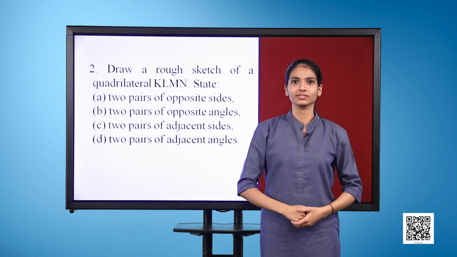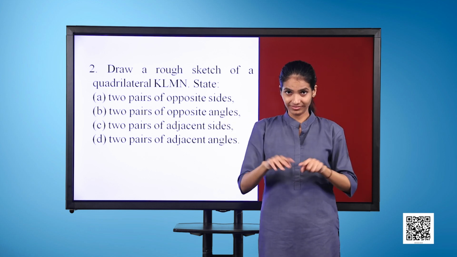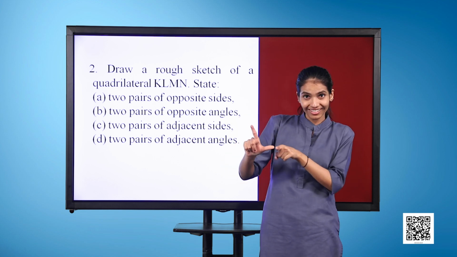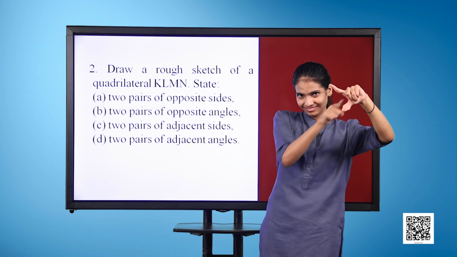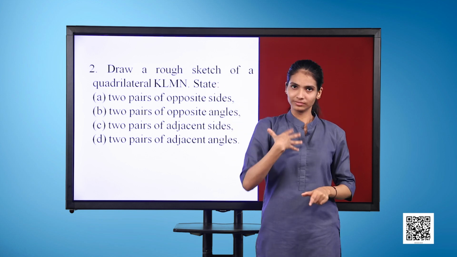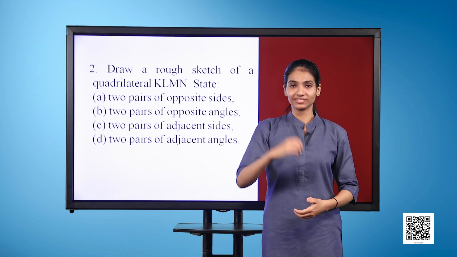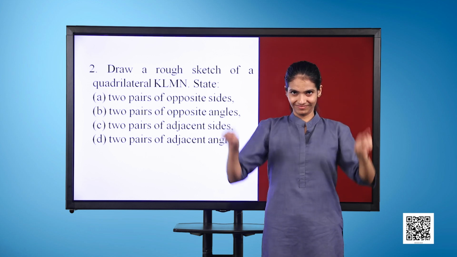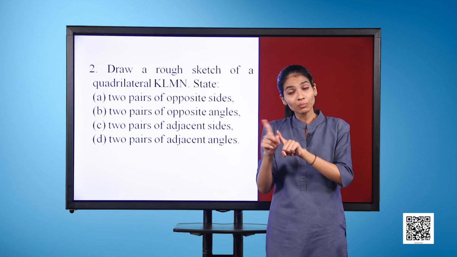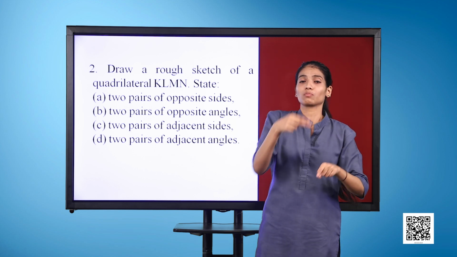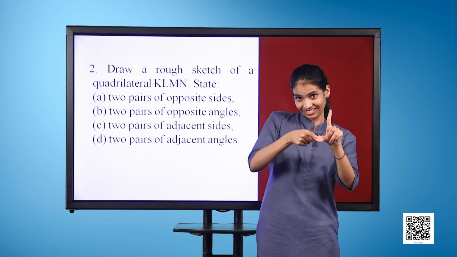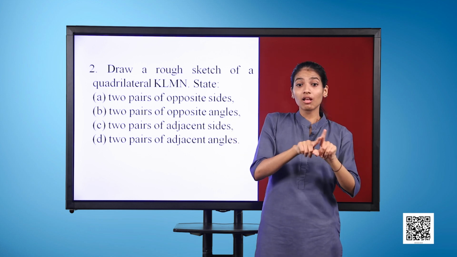B. Two pairs of opposite angles. C. Two pairs of adjacent sides. D. Two pairs of adjacent angles.